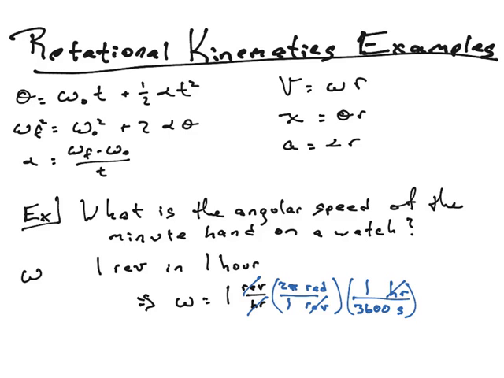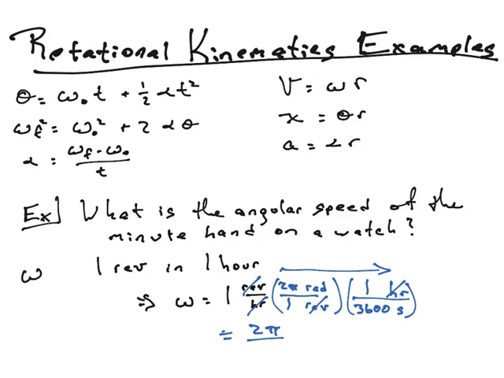Now, of course, if you don't know 3,600 seconds in an hour, you could do 1 hour is 60 minutes, and then 1 minute is 60 seconds, and you'd get the same thing. But here, I just know 3,600 seconds in an hour, so there we go. If I multiply across, I'll get units of radians per second, which is exactly what I want. So let's do it. 1 times 2 pi times 1, that's 2 pi on top.